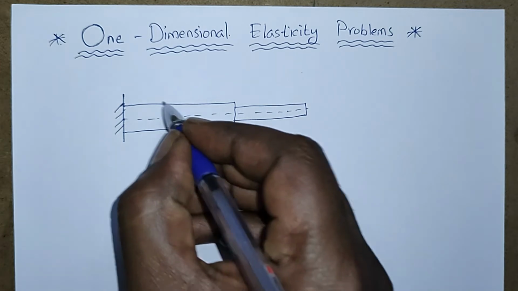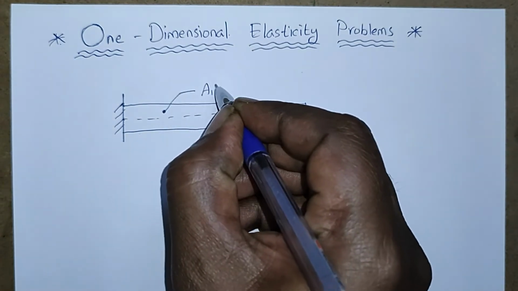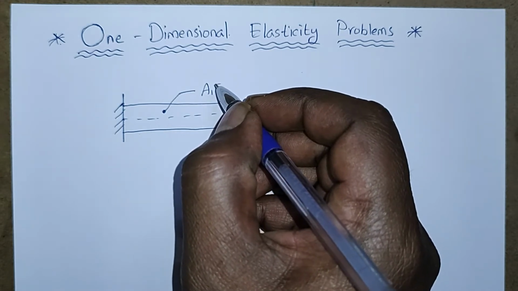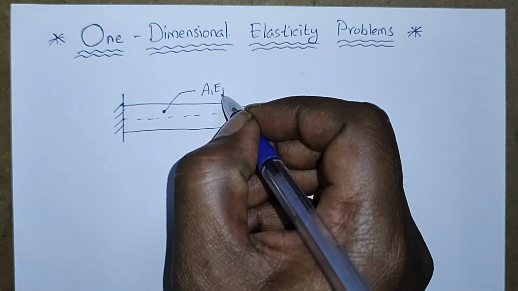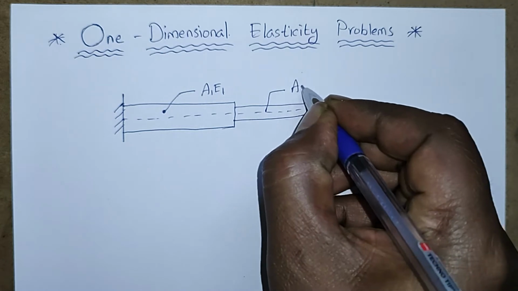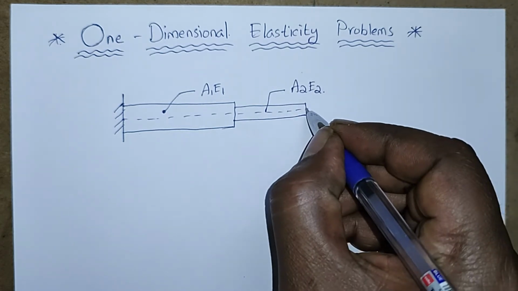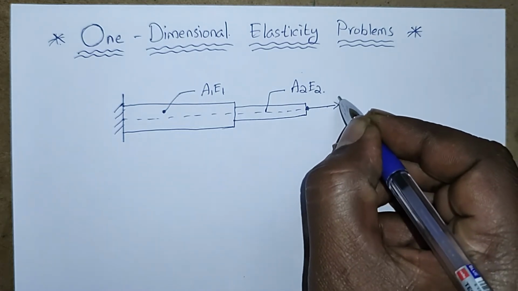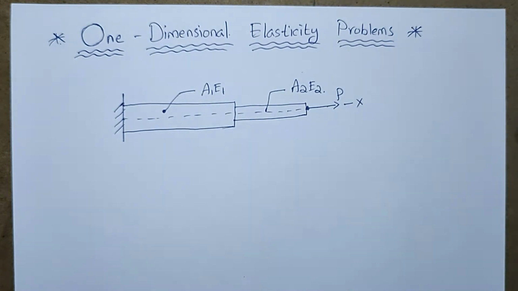Here this is our area 1 and Young's modulus, we can say modulus of elasticity 1, and here this is our area 2 and modulus of elasticity 2, and this is the point load P.